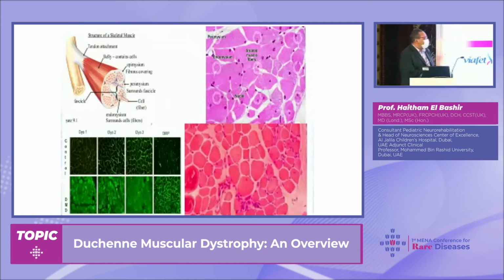This is what a normal muscle should look like. This is a muscle of a child with Duchenne muscular dystrophy. You can see the myofibrils are really fragmented, they are far away from each other. You get a lot of connective tissue in between, as well as inflammatory cells. And you can see, obviously, there are different sizes, which indicates muscle degeneration.